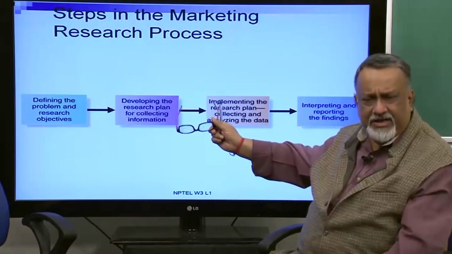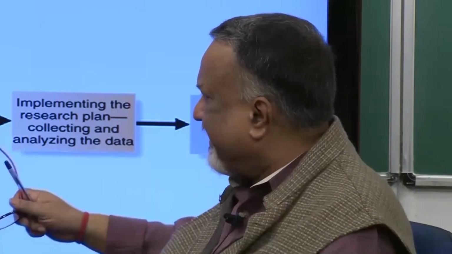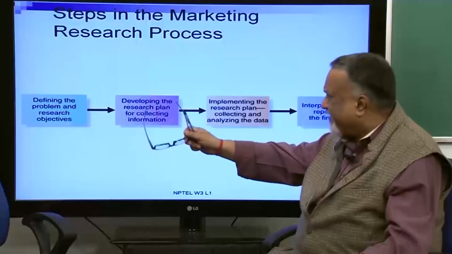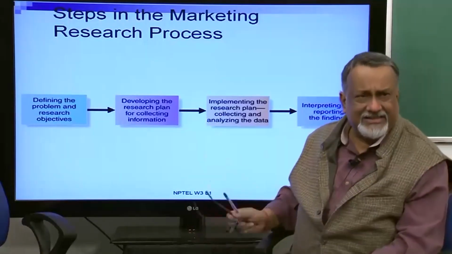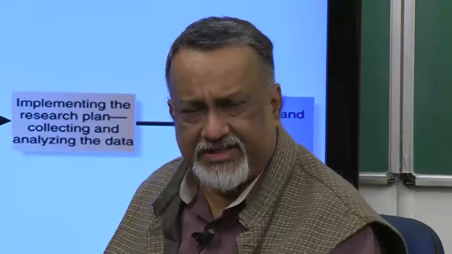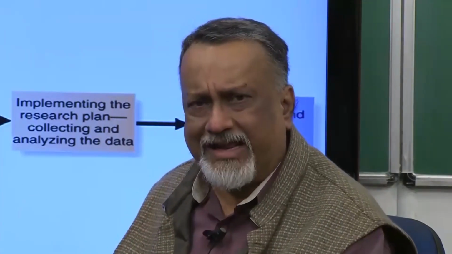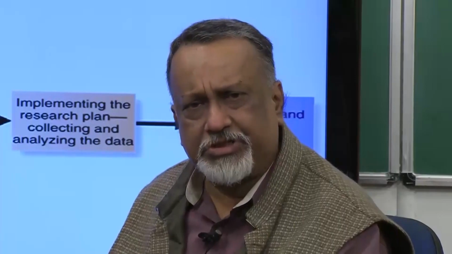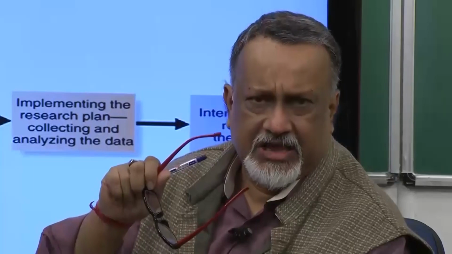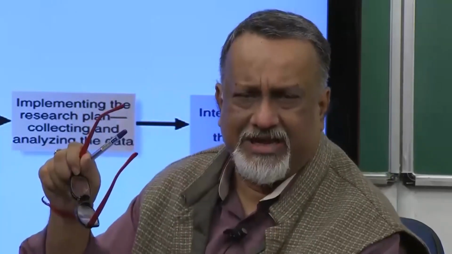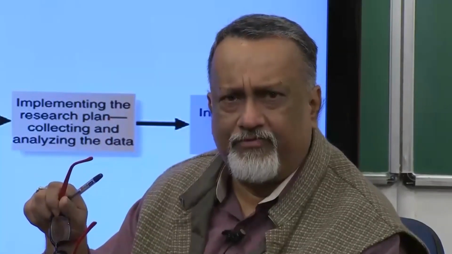These are the steps in the market research process, but they will be expanded. At this stage it is only being shown to you for introductory purposes: as usually defined, define, develop, implement, interpret. As I started today's session by saying, ultimately the purpose of this whole MIKS, Marketing Information Knowledge System, is to enable the organization to sense what is happening, what is being wanted, what is the deficiency, what needs to be fulfilled.